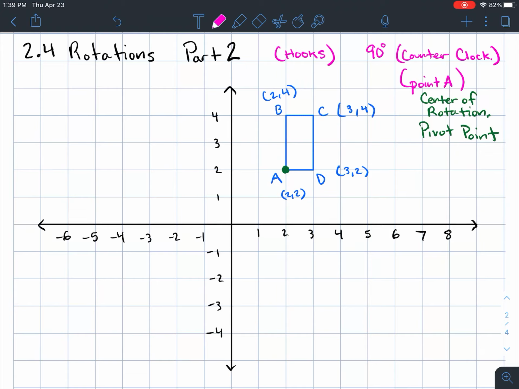So A, not going to move. It stays the same. Let's look at B. We're going to look at B's relationship to A. So B's relationship to A is that it is 2 units north of A, 2 units up.